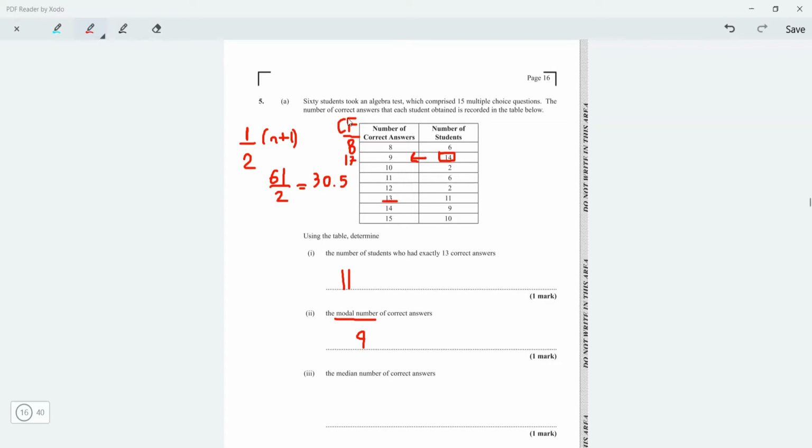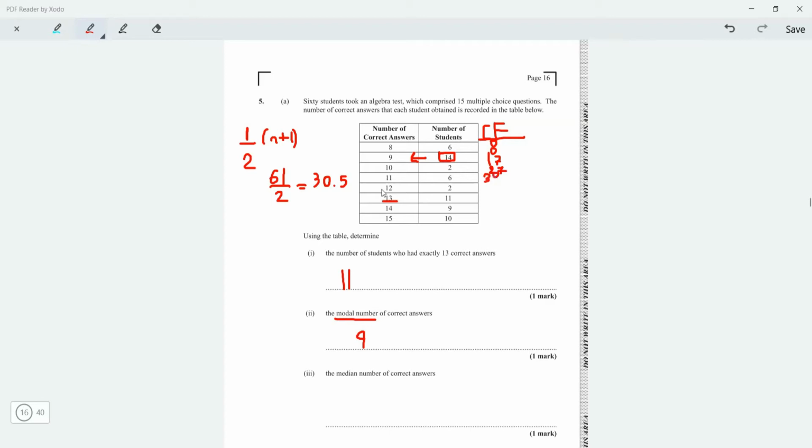Let me add the cumulative frequency over on the other side so it won't look too bad. So this was 8 here, this would have been 17 here, and then 17 plus the 10 would have been 27. And then 27 and 11 would be 38.